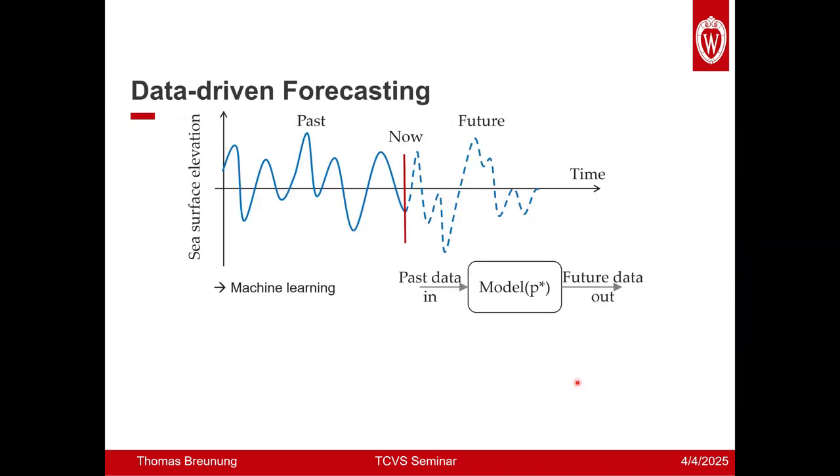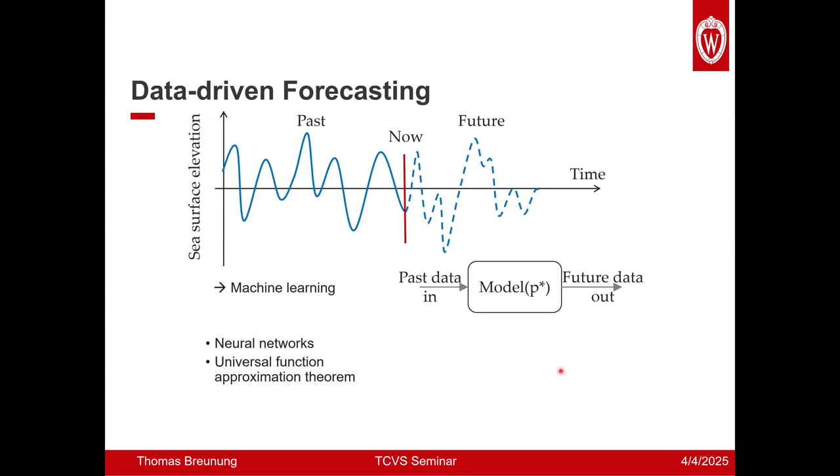So how do we do data-driven forecasting? I'm sure most of you have read the news or are aware of the advent of machine learning approaches, which come with the promise that they can approximate any underlying functional relationship between data.